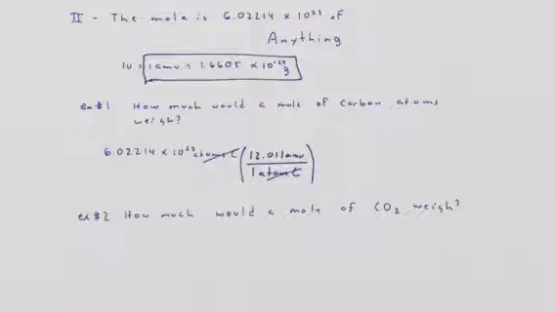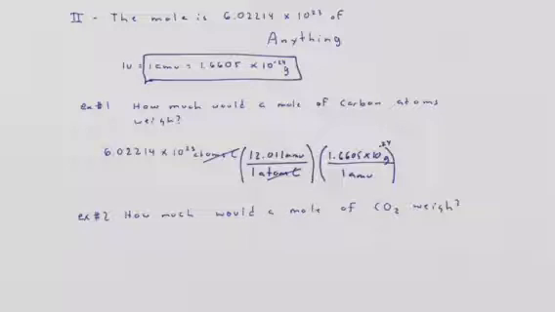Now, if we multiply this out, we will get a really, really large number of AMUs. But if we want to convert that to grams, watch what happens here. I use the fact that 1 AMU is 1.6605 times 10 to the minus 24th grams.